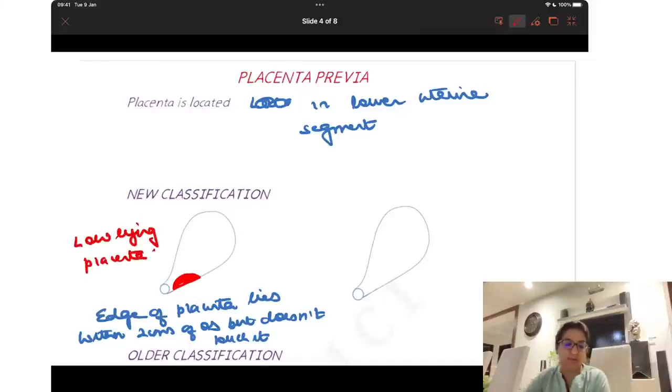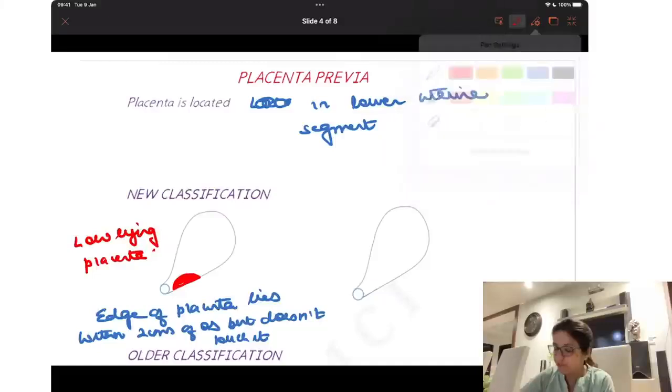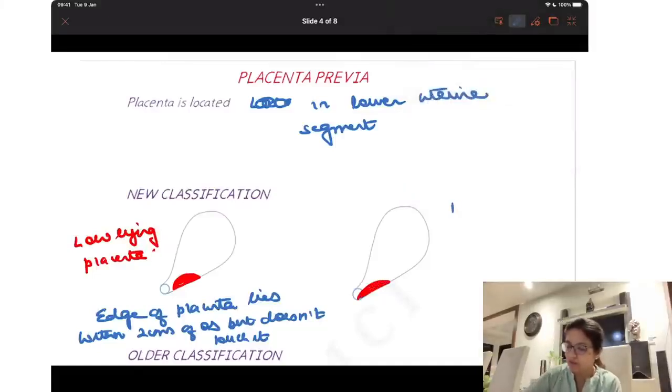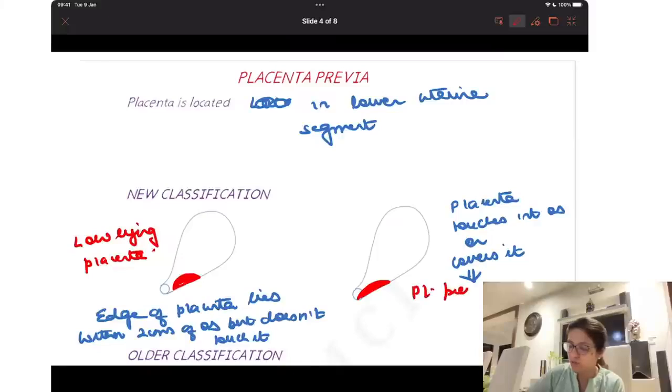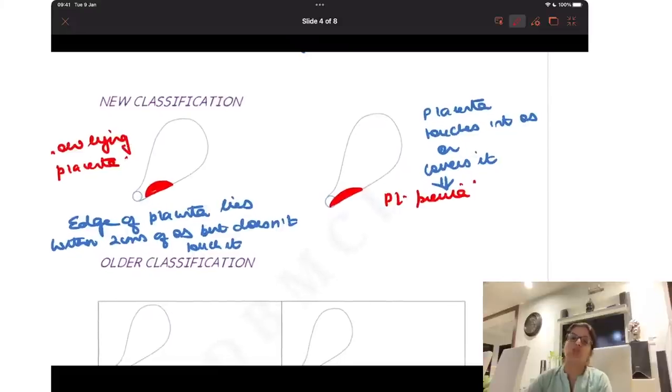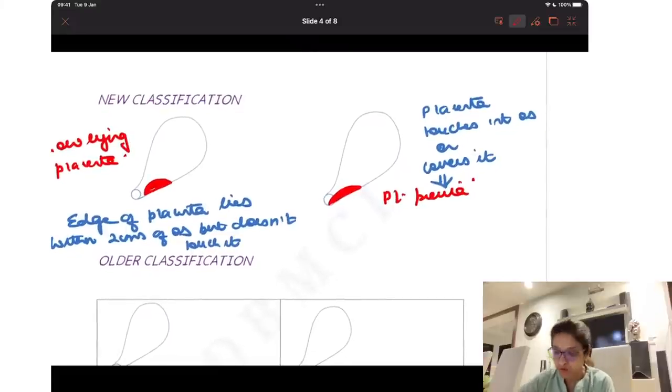That means the edge of the placenta lies within 2 centimeters of the os, but it doesn't touch it. If the placenta touches the internal os or covers it, right, then that is what is called placenta previa. So there are only two terms used these days. One is placenta previa and the other is low-lying placenta, right?